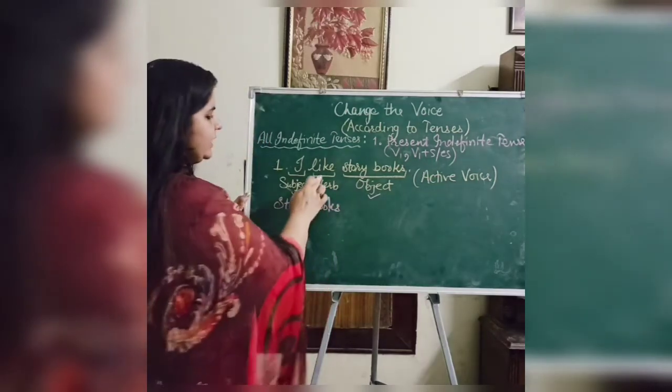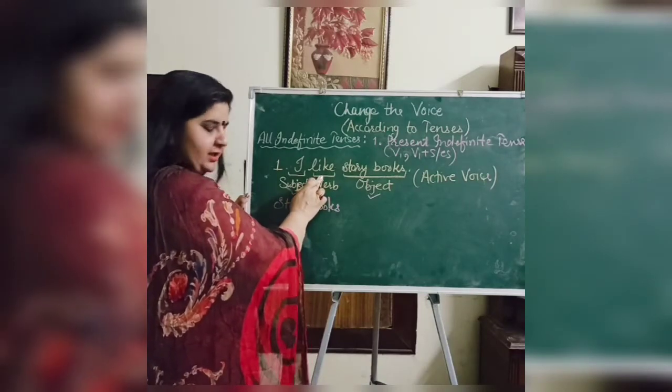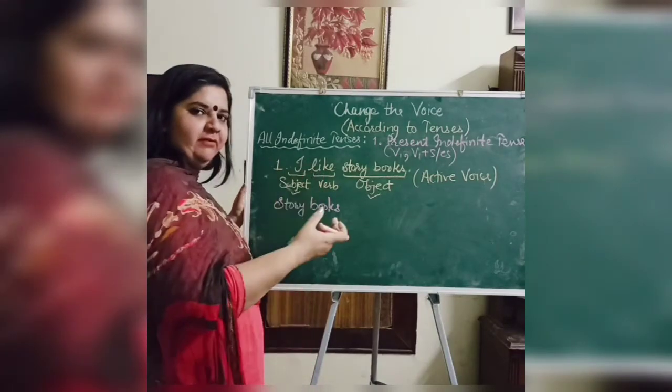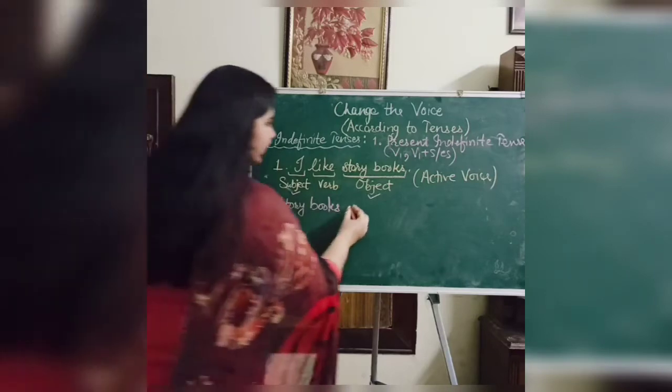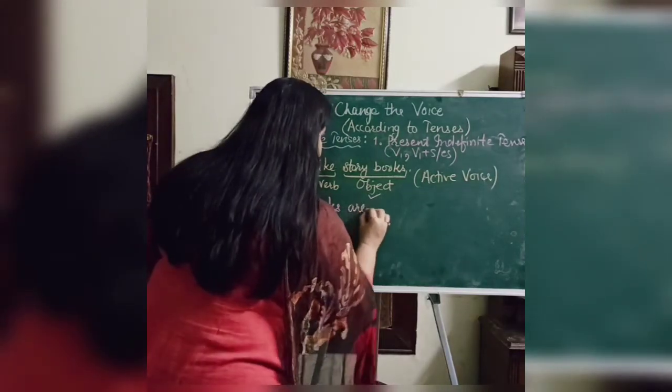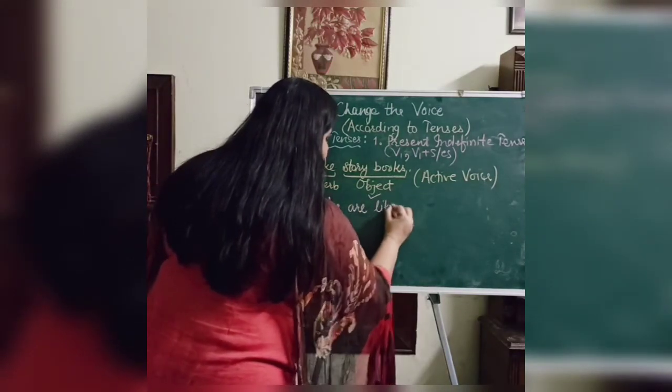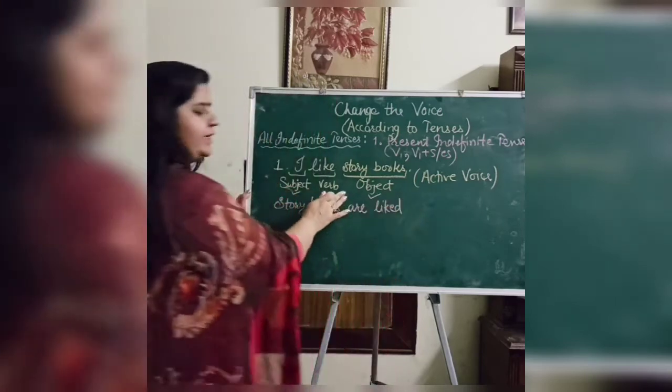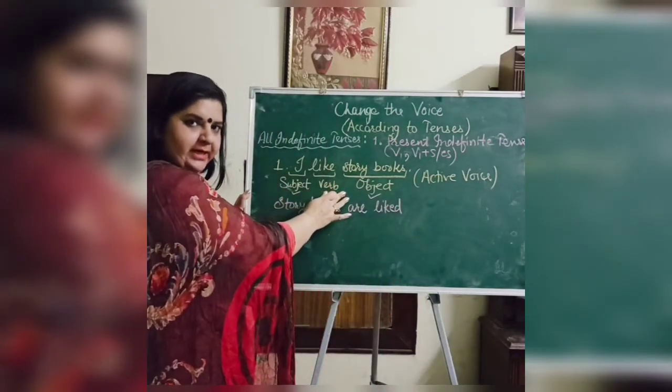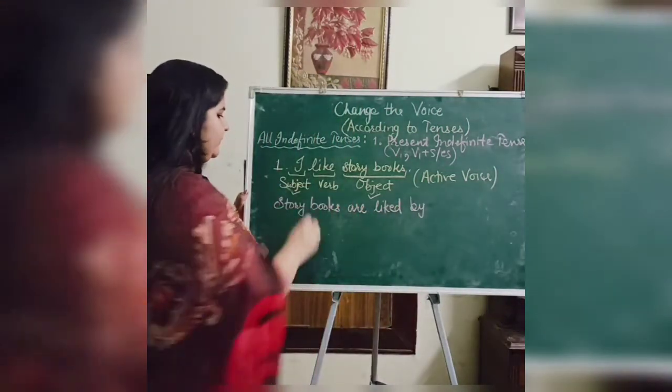Now, by replacing like with a helping verb and third form, we'll use are liked. Another change will be adding a preposition, and in this case, the preposition will be by.